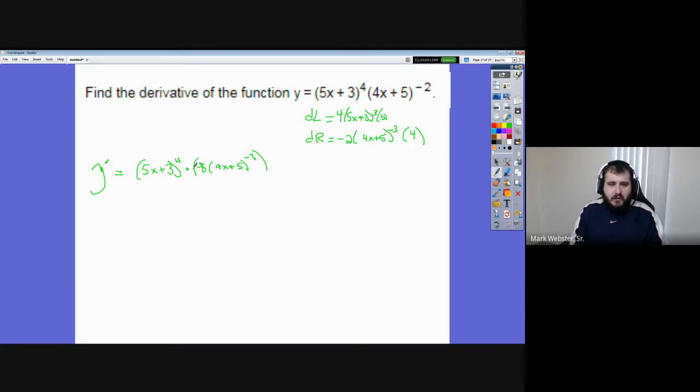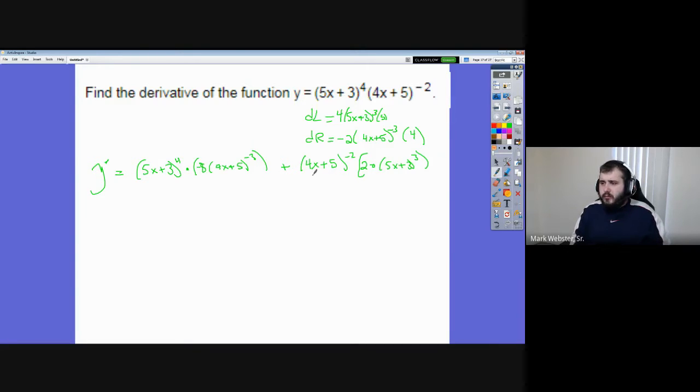And we'll clean this up in a little bit. Plus right d left: 4x plus 5 to the -2nd times d left. And again, let's neaten that up. That's a 4, that's a 5, so that's 20, times 5x plus 3 cubed.